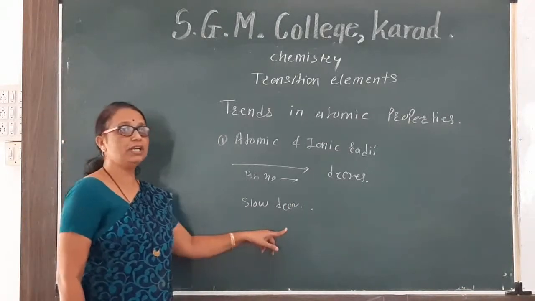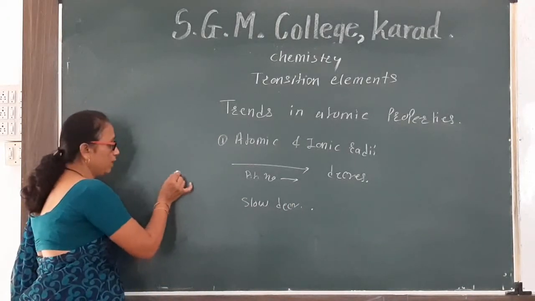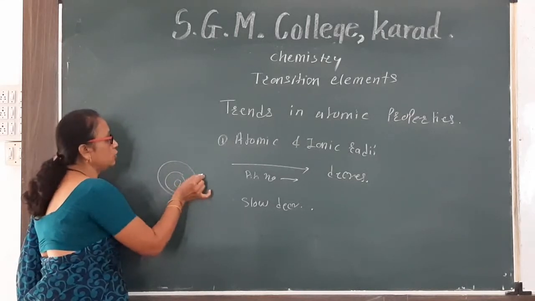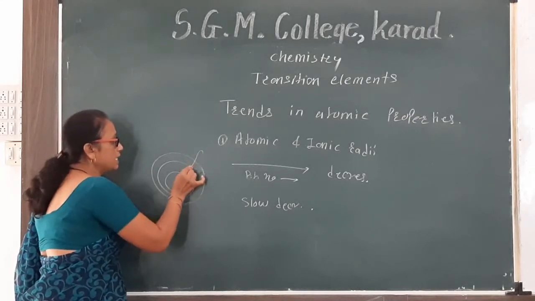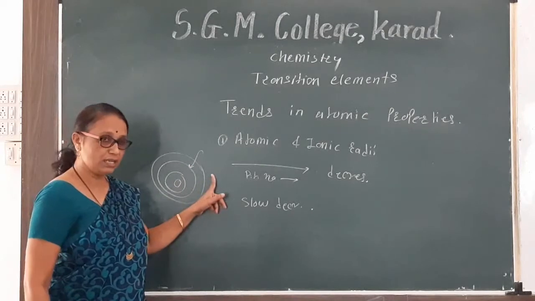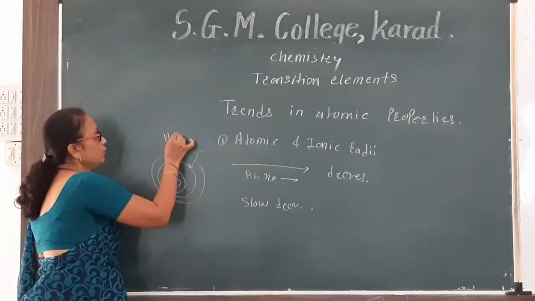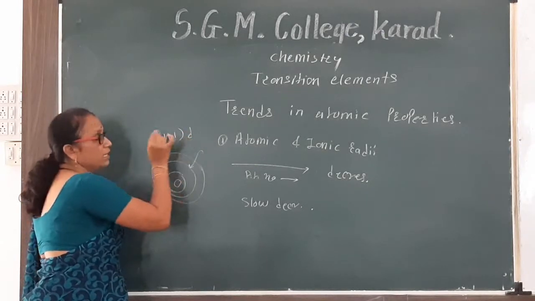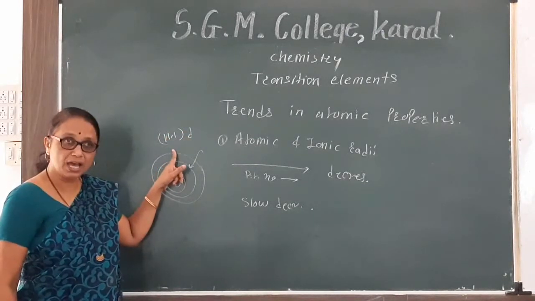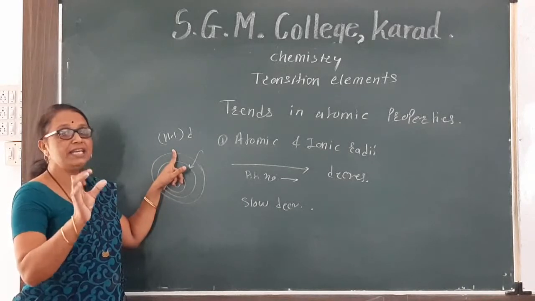Why is there a slow decrease? Because as atomic number increases, nuclear charge also increases, but the last electron enters not the outermost shell but the n-1 d orbital, which has a smaller screening effect.